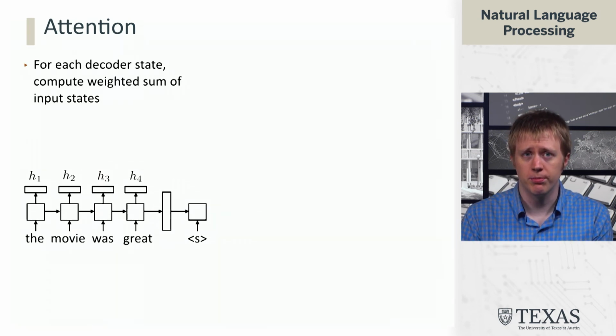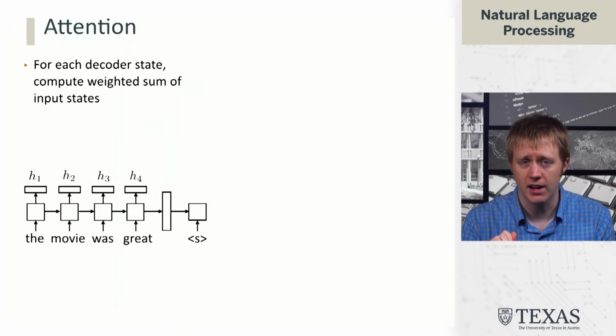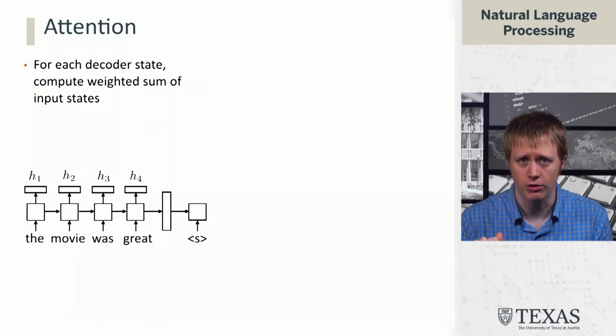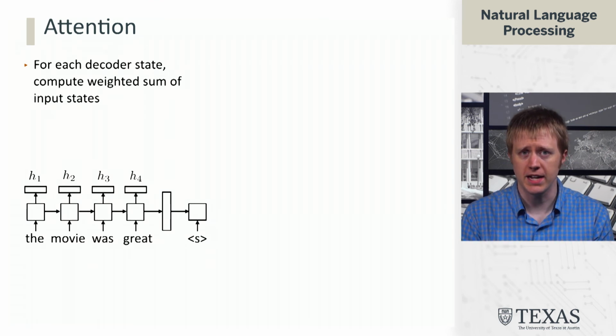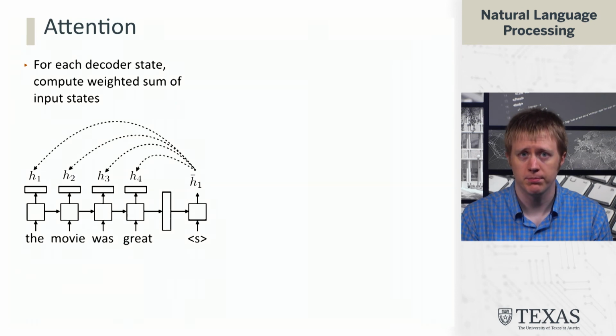So what we're going to do is at each time step in the decoder, fundamentally what we want to get is a weighted sum of input states that come out of the input encoder. So I've denoted those here by h1 through h4. And we have at the decoder time step an output h bar 1, which is just the LSTM vector output.